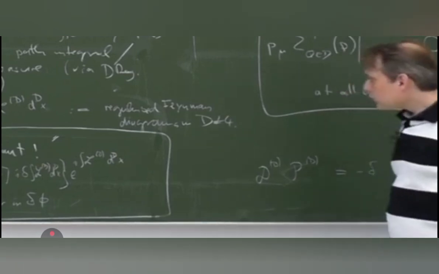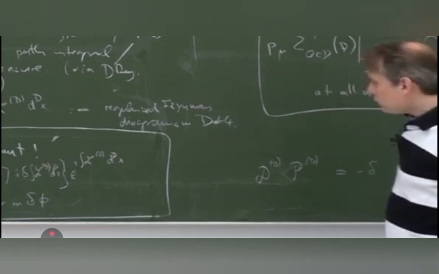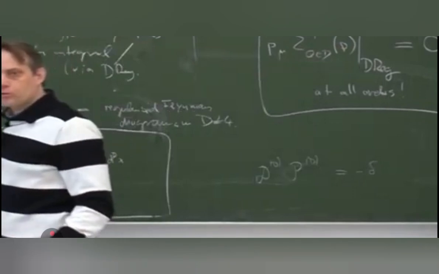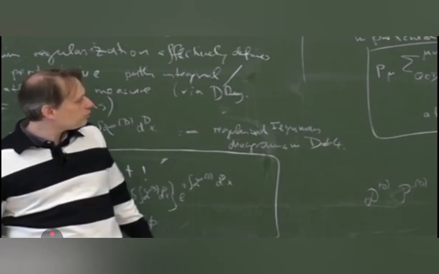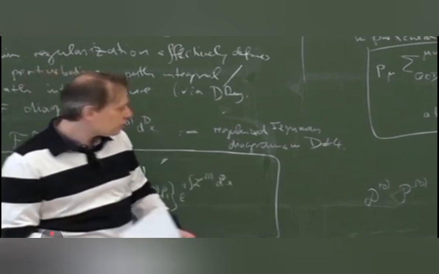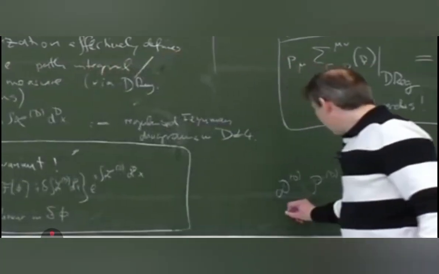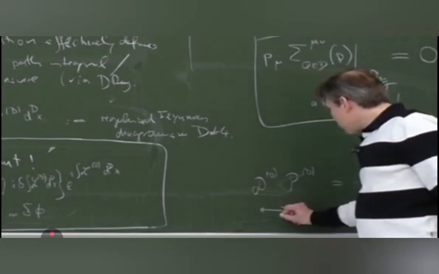And that is actually a non-trivial property of dimensional regularization, and it is an important property of dimensional regularization that you can write, let's say, the propagator of the electron, even in d dimensions.